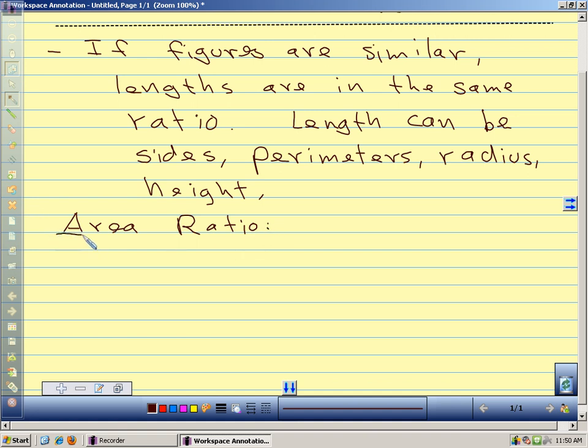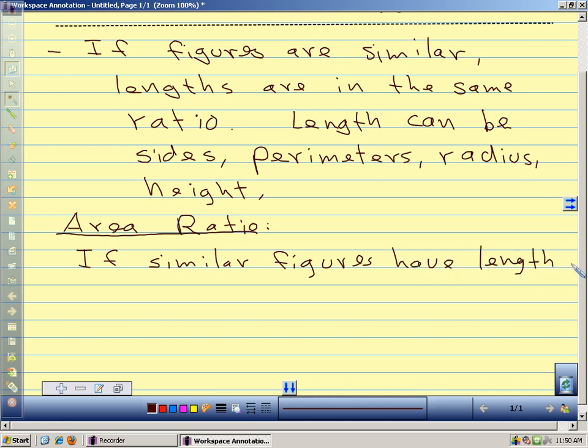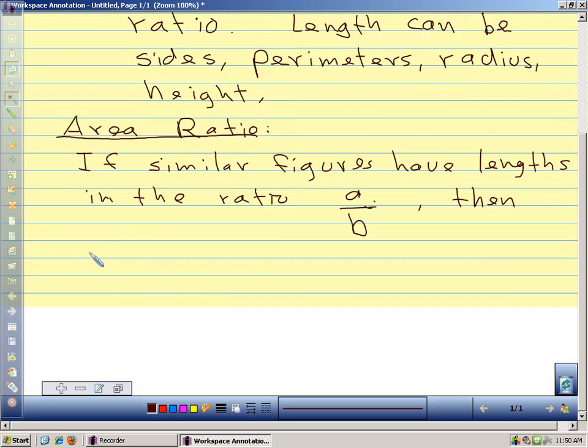If we have similar figures that have a length ratio, so if their lengths are in the ratio A over B, and this is an A, not a 9, then their areas are in the ratio A squared over B squared.